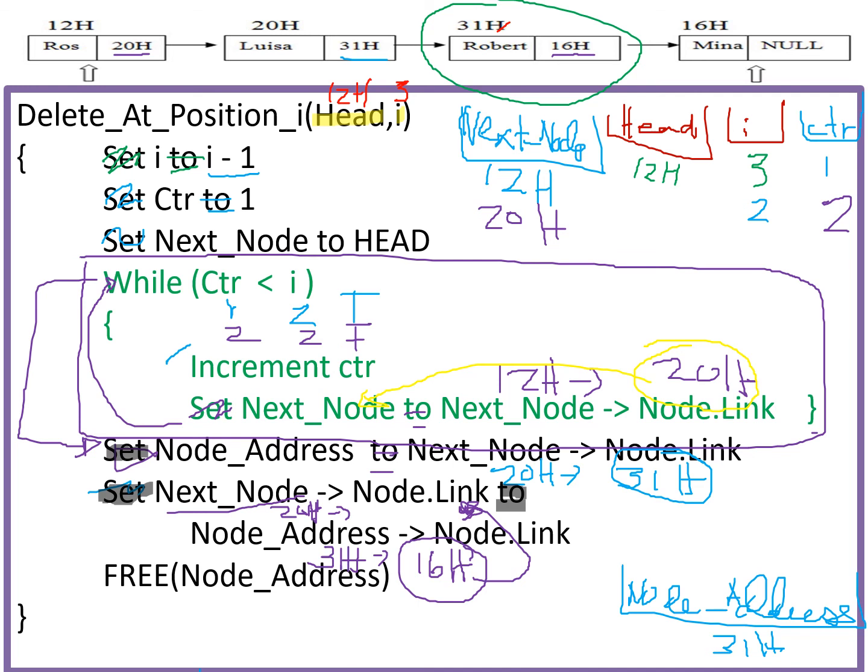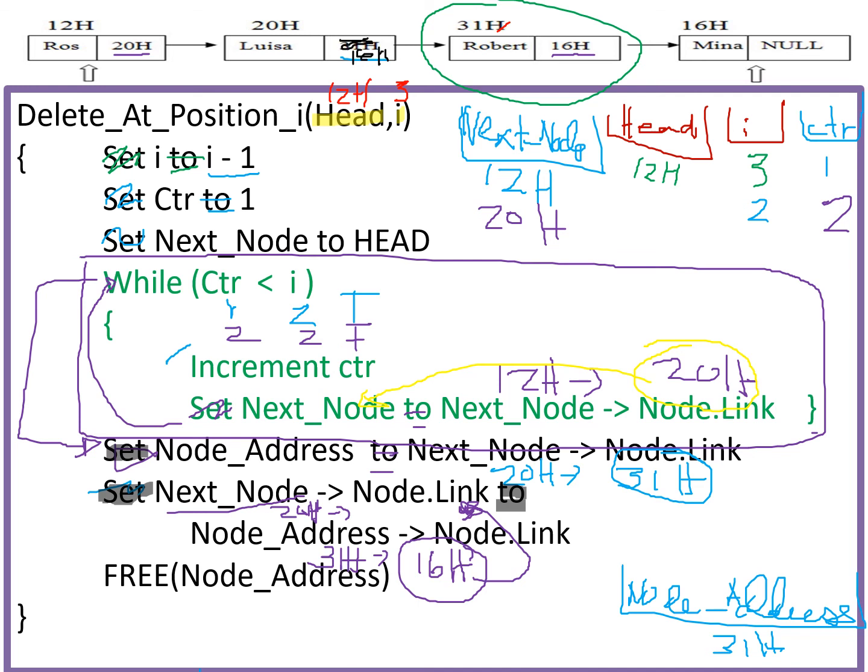Again, 20H referencing to node.link is equal to 16H. So, this time, magiging 16H. So, ito magiging 16H. Yung 31H, wala na. Okay?